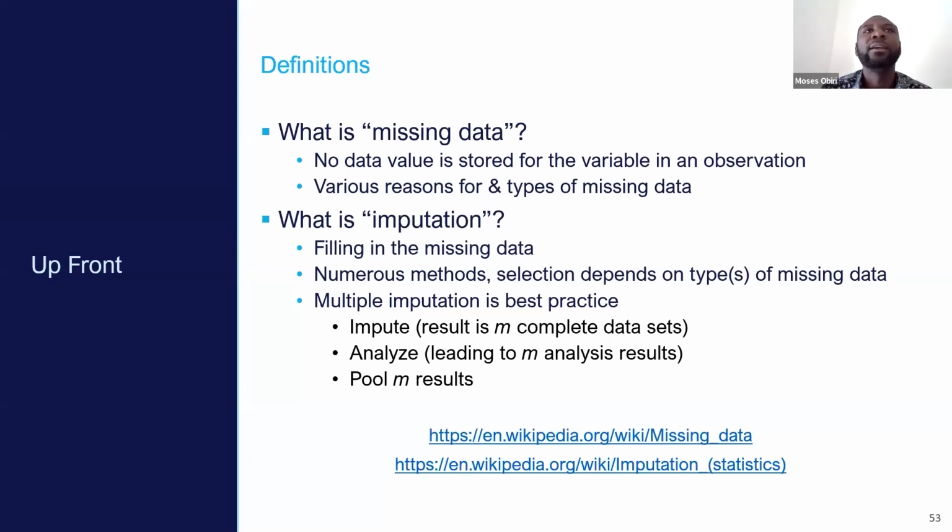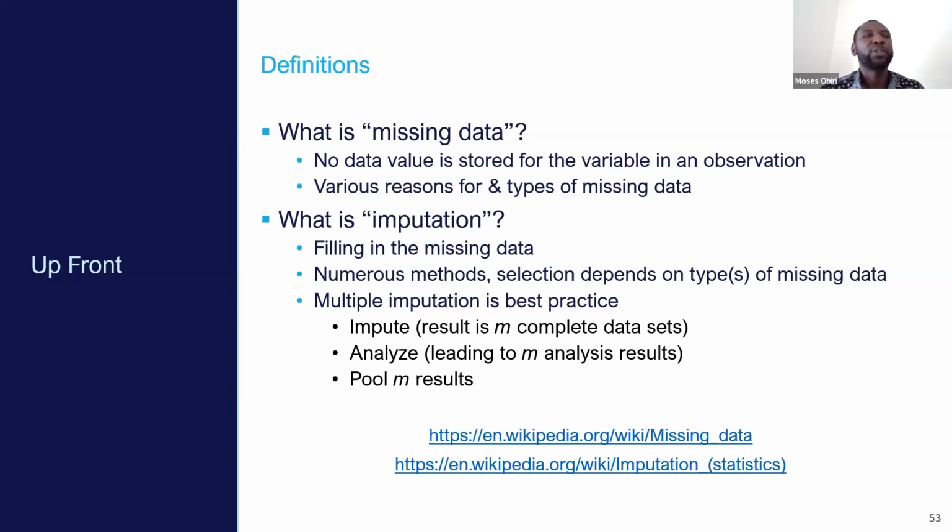Single imputation is when you impute your data once, and then your analysis is based on that one imputed data set. Multiple imputation is when you impute your data multiple times. So you can impute your data m times, analyze all m data sets, average the results across your m data sets, and make inference based on the pooled estimate from your m analyses.